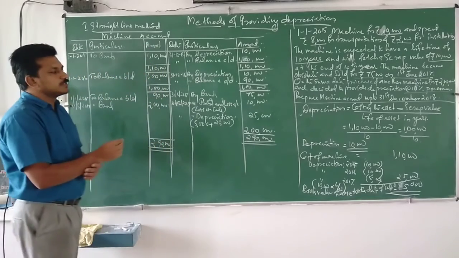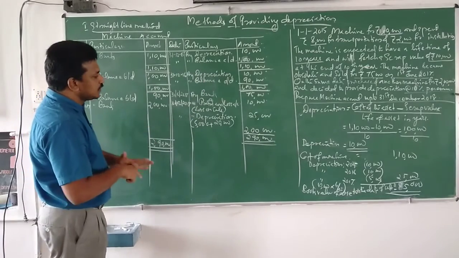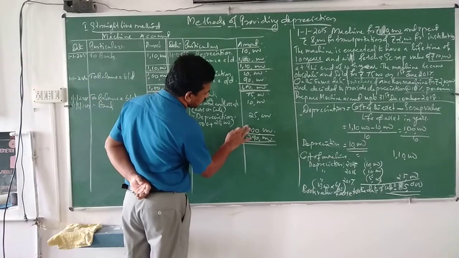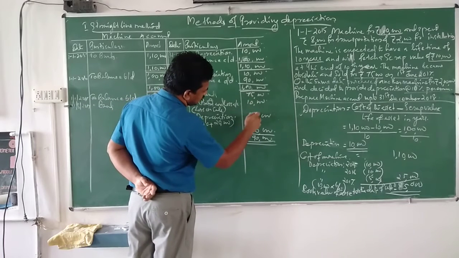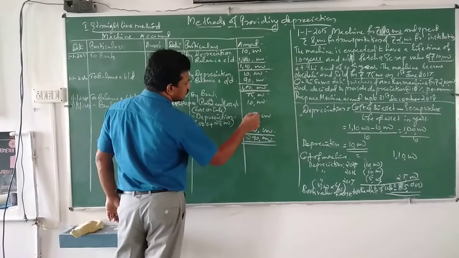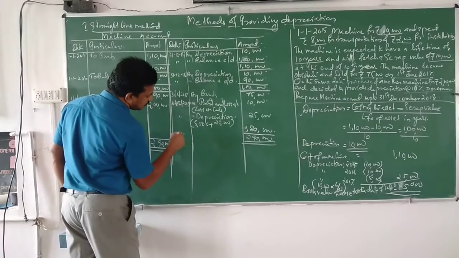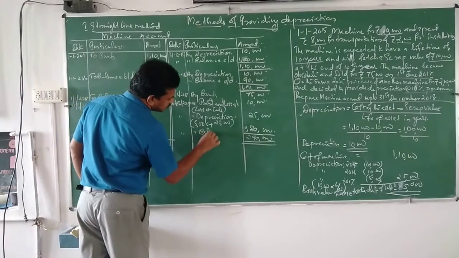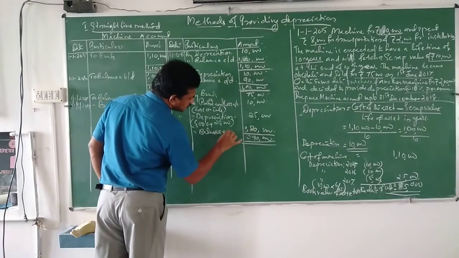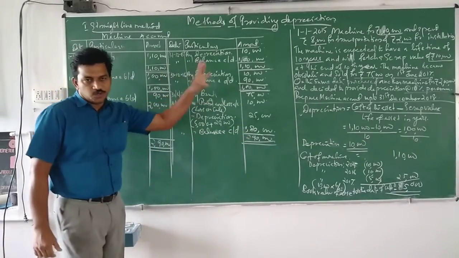Now what is left? The 2 lakh machine has 20,000 depreciation deducted. So 2 lakh minus 20,000, 1,80,000 is left. So we will write here on the same date, by balance carried down. The first machine is sold, so it is over.